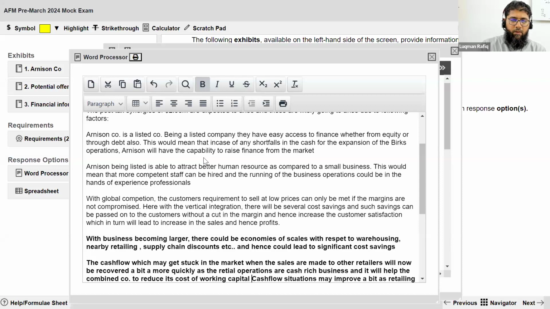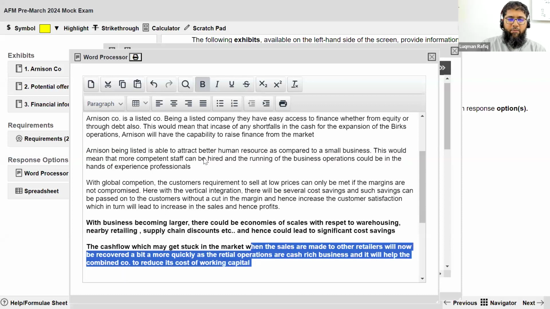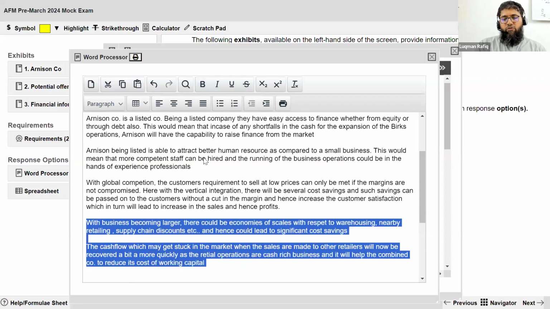You get my point? So it's a 4-mark requirement. It's not necessary that you write down so many pointers. I've just written down extra pointers to give more input to you people in the examination.